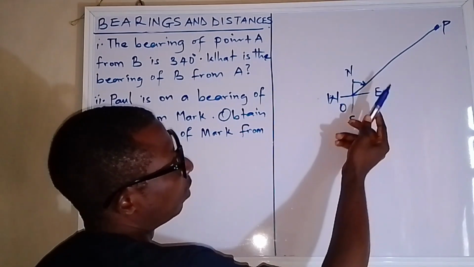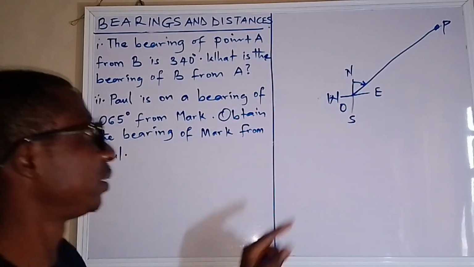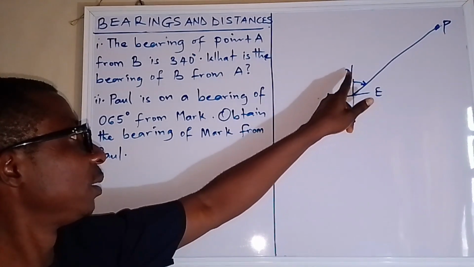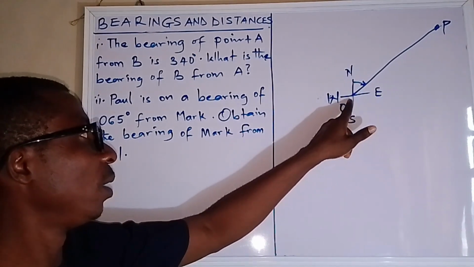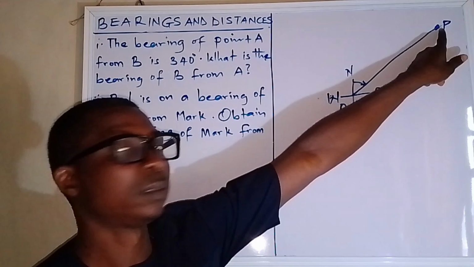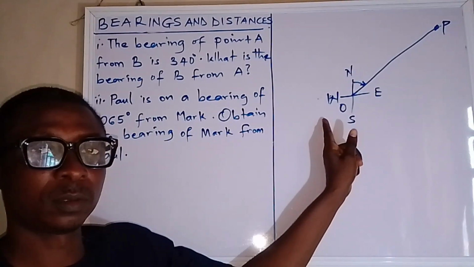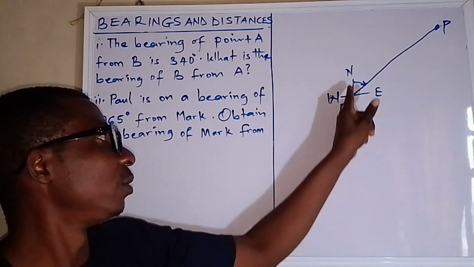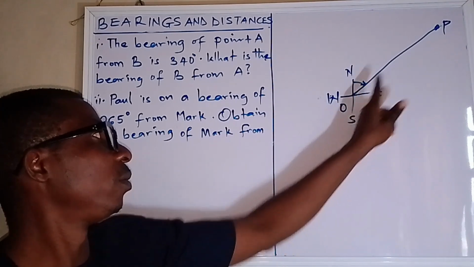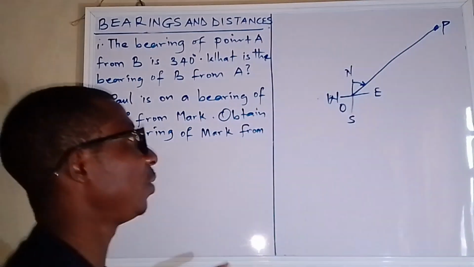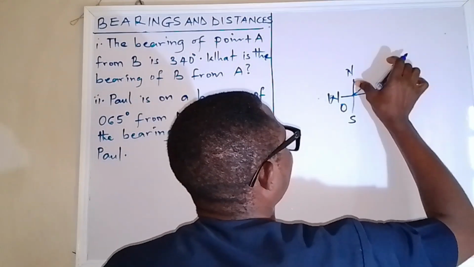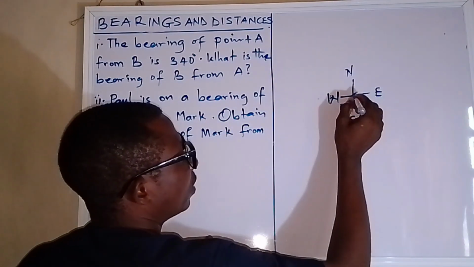Okay, so now bearing of P is the angle between line NO and the line PO. Alright, or we say it is the angle NOP. Okay, suppose the point P is around this place.